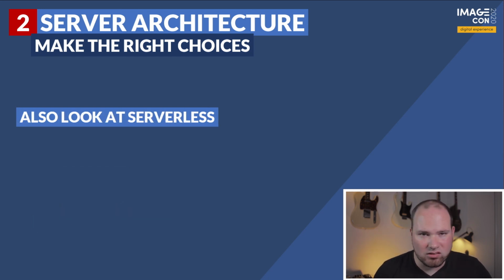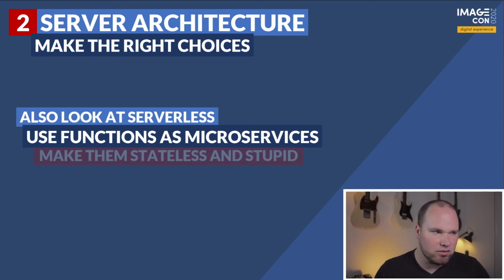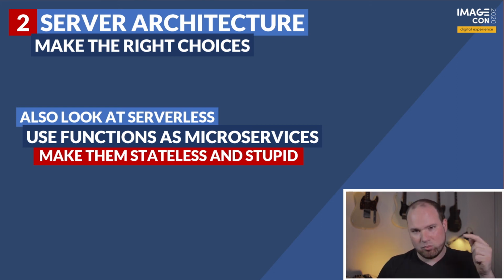So next one is look at something called serverless. That's kind of a funny term, right? But that actually grabs back on not having this origin server, but having everything as microservices. Like this goes as small as having a function as a microservice in the cloud. So it's a simple, stupid, stateless function that has an input and an output, and it doesn't know about anything else. And if you don't use it, it's off.